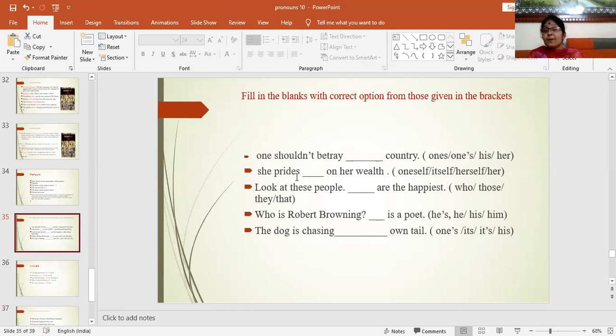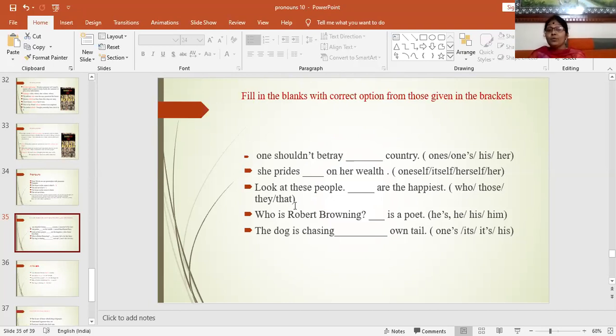She prides dash on her wealth. What should be the right word? Oneself, itself, herself, her. Look at these people. Dash are the happiest. Who, those, they, that.